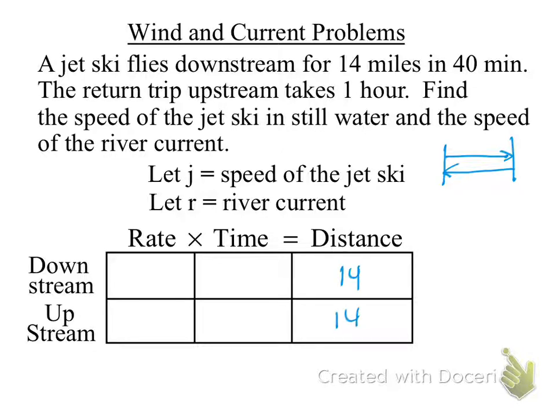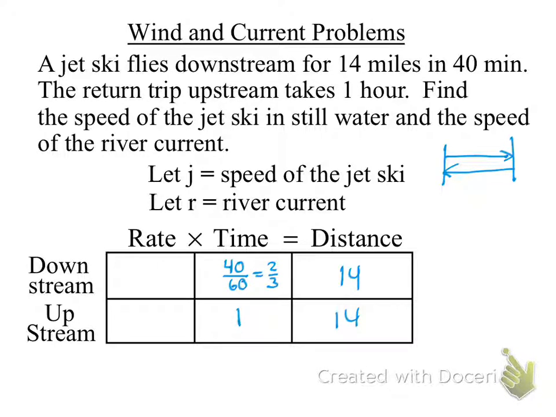What can we put for time? 40 minutes. 40 out of 60 is what I would do going downstream, which is really 2/3. Going upstream, I want some people to try it with just 40, and I'm going to try it with the 2/3. Okay, and then upstream would be just 1.